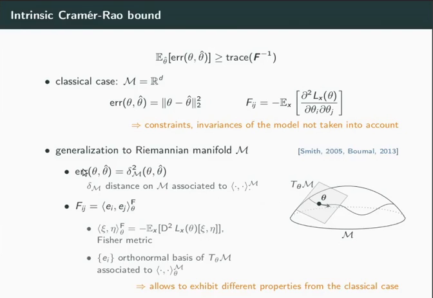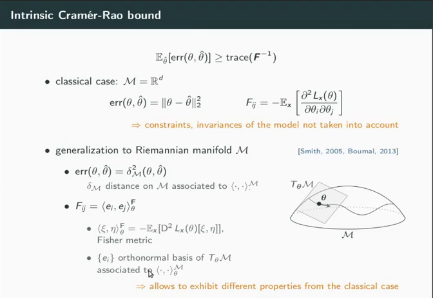And in that case, we have this inequality by taking the Fisher information matrix as defined here. And here we have the Fisher metric, which is defined again with some second order derivative of the log likelihood. And the terms EI and EJ here are elements from the orthonormal basis of the tangent space of M at theta, which is associated to the chosen metric.